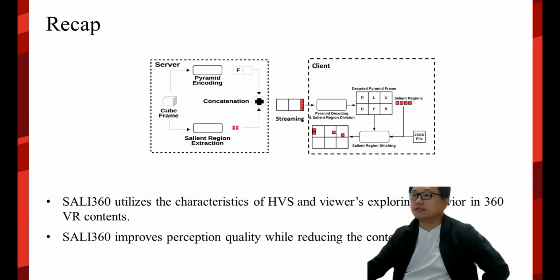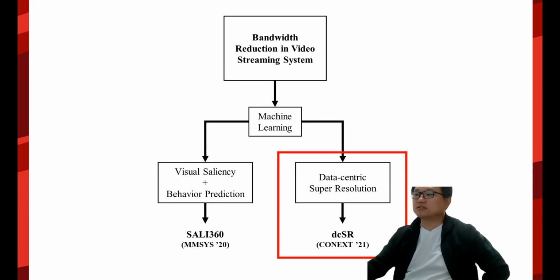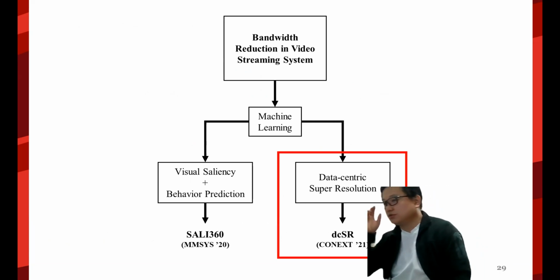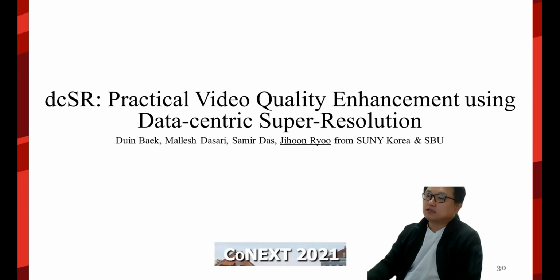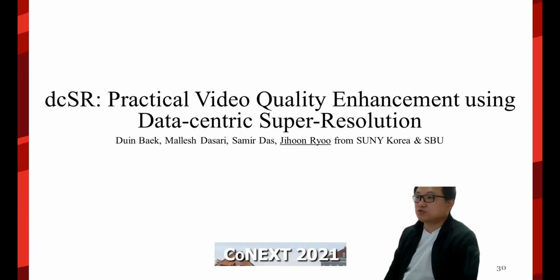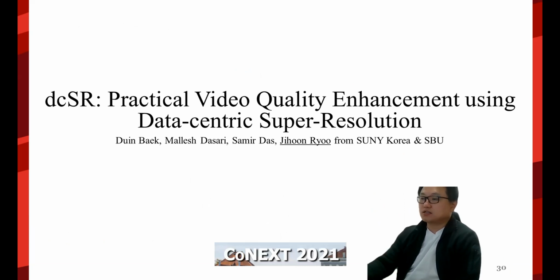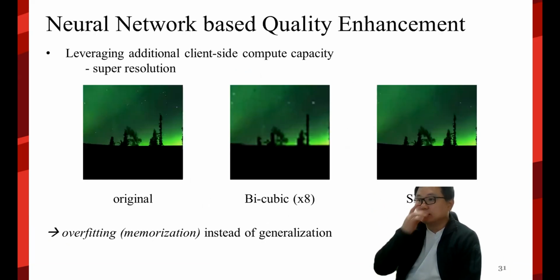Okay, and this is Celis 360, and we're going to move on to SR, super resolution, the same problem with a different mechanism. So DCSR is data-centric super resolution, practical video quality enhancing using data-centric super resolution. Neural network-based video enhancing: this is the original content.